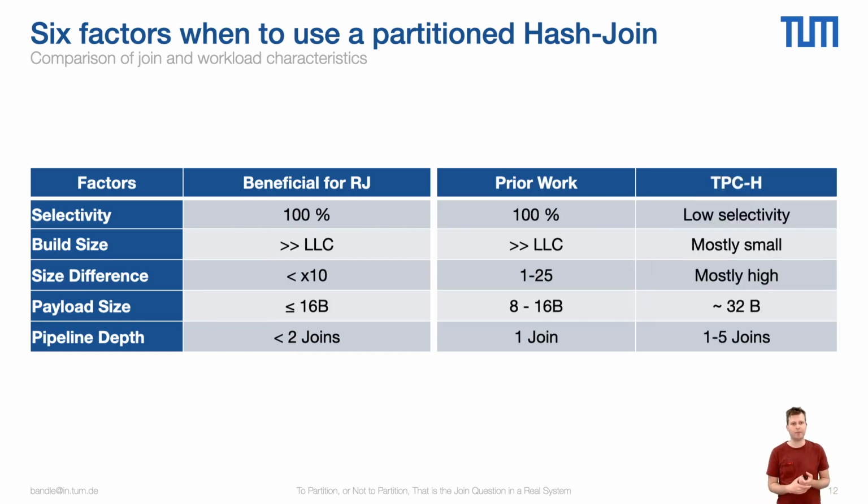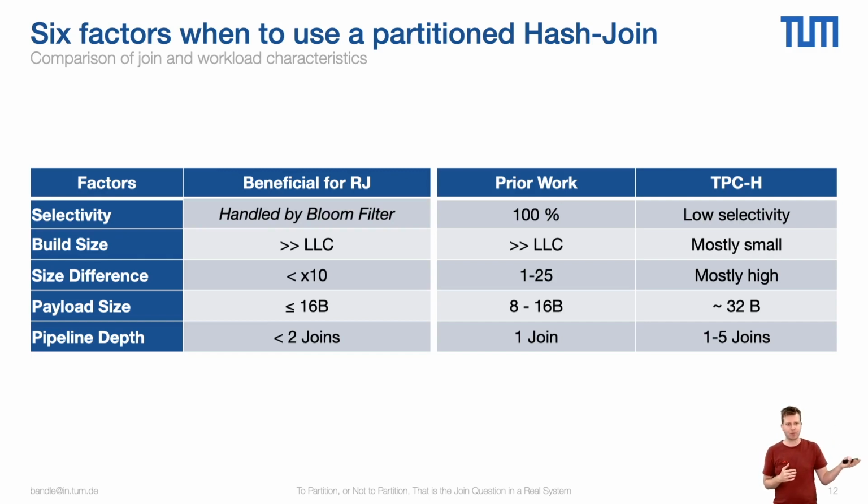Comparing that now to TPCH, we see that in TPCH we have a very low selectivity compared to the 100% in prior work, which is why we handle that by using the radix partitioned join with a Bloom filter. And in TPCH, the build sizes and the size differences are also vastly different from prior work, because there we mostly filter a small build side, and look into it with the small build side to a large probe side.